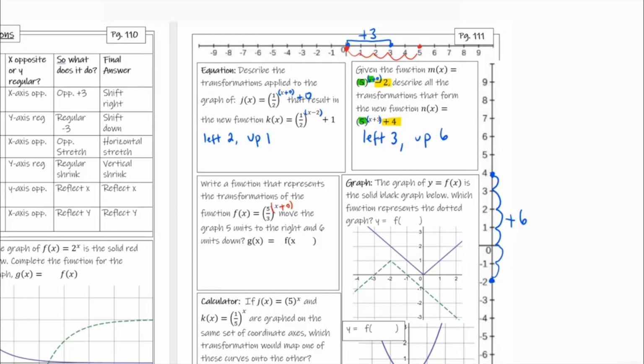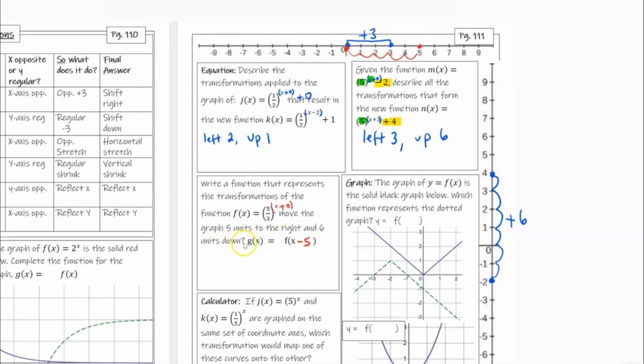So I'm moving right 5, okay? But remember, x is opposite. So instead of saying plus 5, I'm going to say the opposite, which is negative 5 with the x value. Because of how they've written it, this is going to be minus 5, because they did not write it in the exponent form. They just told you this whole thing is that. So I'm going to move negative 5, which would mean right 5.